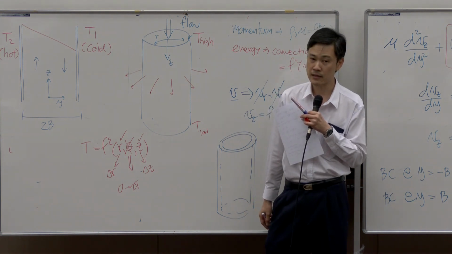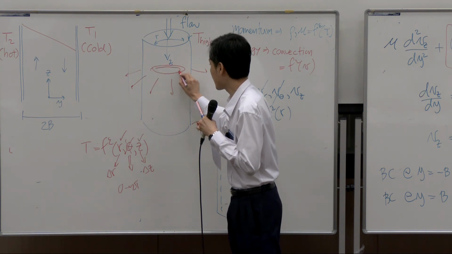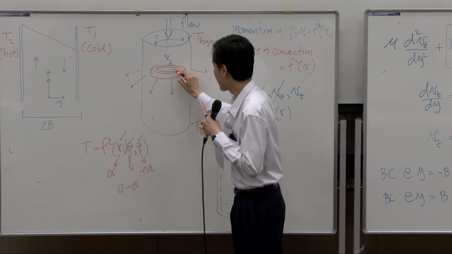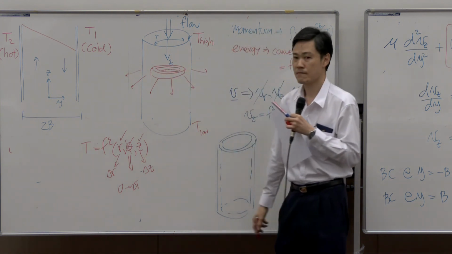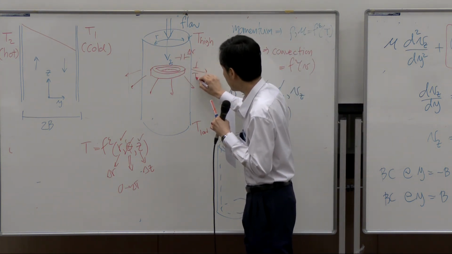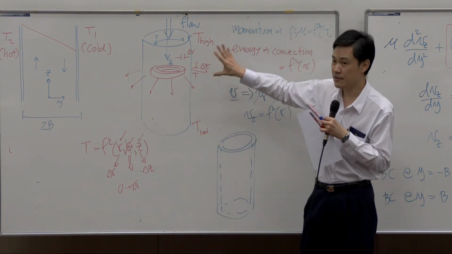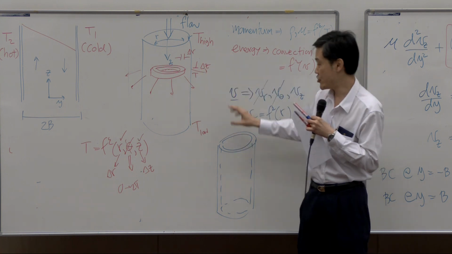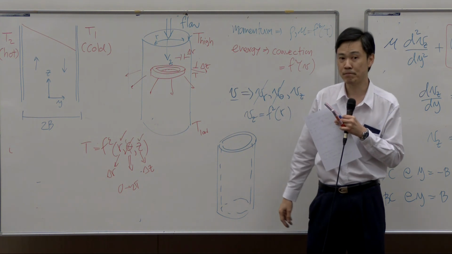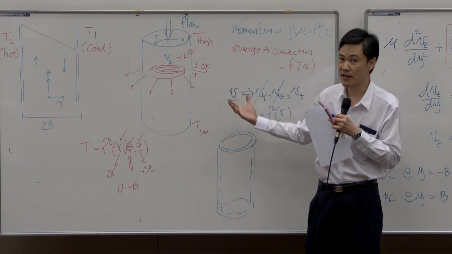What does it look like? Now it looks like this. So this is delta R, this is delta Z. So this is the first problem where the shell for momentum and the shell for energy are not the same. And I said from the very beginning that they are not necessarily the same.